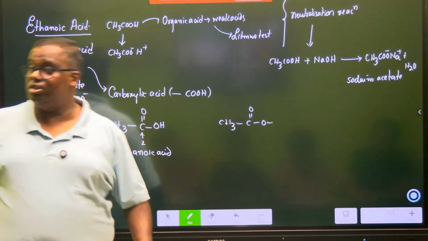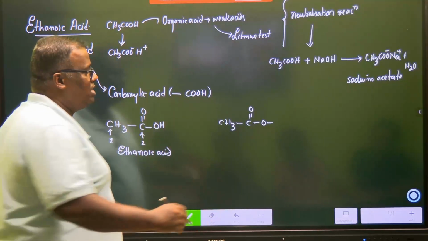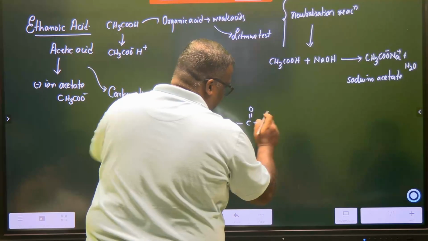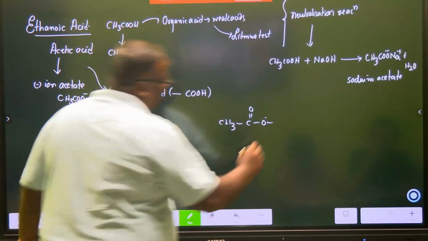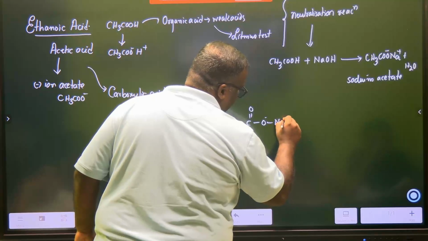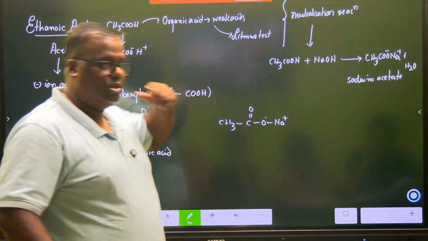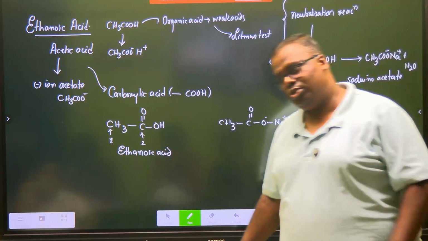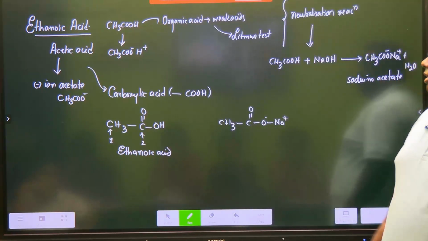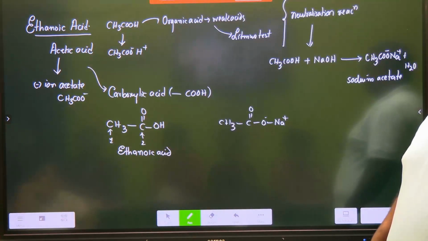So H carries a positive charge and goes away. So this entire ion overall has a negative charge now. To neutralize that, a sodium has come here. So this is CH3COONa. Clear? No issues?